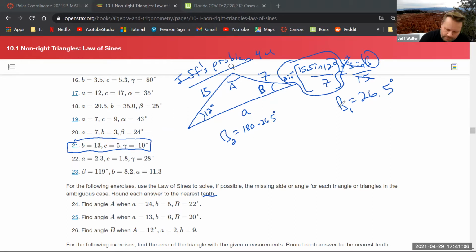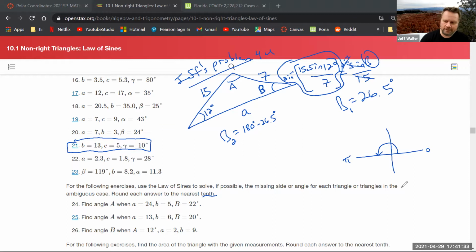I really desperately want you guys to understand this. If this is a reference angle in the second quadrant, all the possible angles for a triangle live in the first and second quadrant. Does everybody understand that? The biggest an angle in a triangle can be is not quite 180. It's almost 180. And the smallest an angle in a triangle can be is right next to 0. You guys all with me?